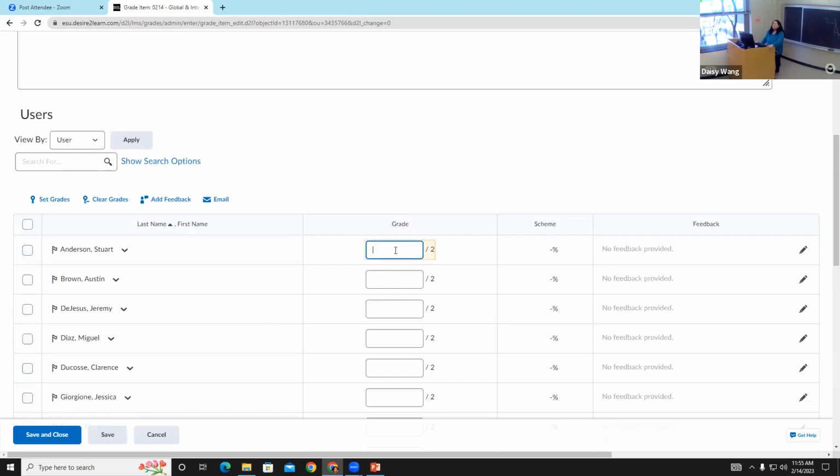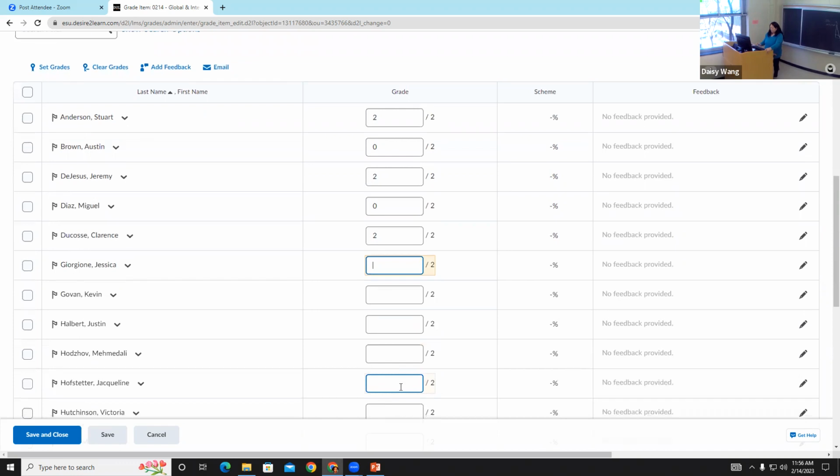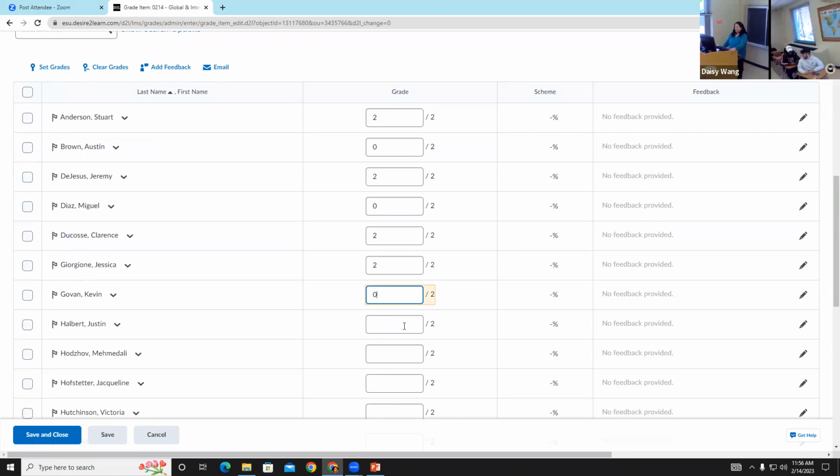Stewart. Austin. Brown. German. McGill. Clarence. Jessica. Kevin. Justin.